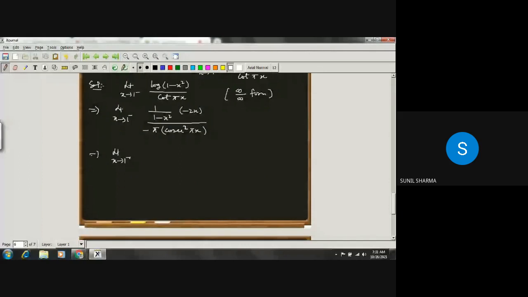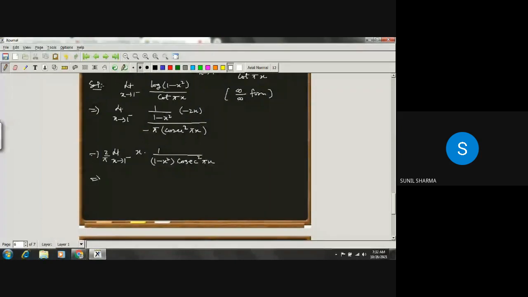I can take 2, minus and minus cancel out. So I can take 2 by pi to be common. So limit x goes to 1 negative x into 1 upon 1 minus x square into cosecant square pi x.